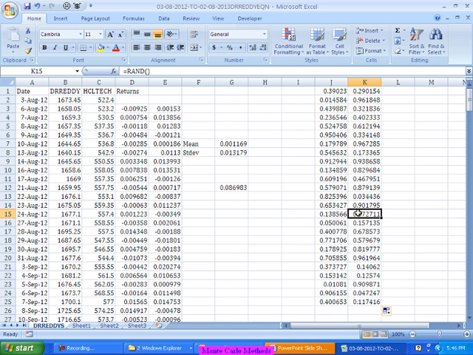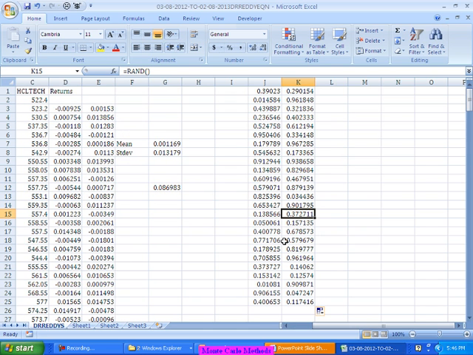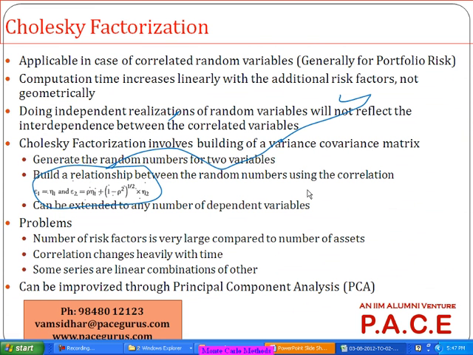If I do modeling using this, it's completely independent. Now what the Cholesky factorization says is, you identify the correlation between the two. For clarity, let me assume that this correlation is 0.8 instead of 0.08. Independently you generate two sets of random numbers.